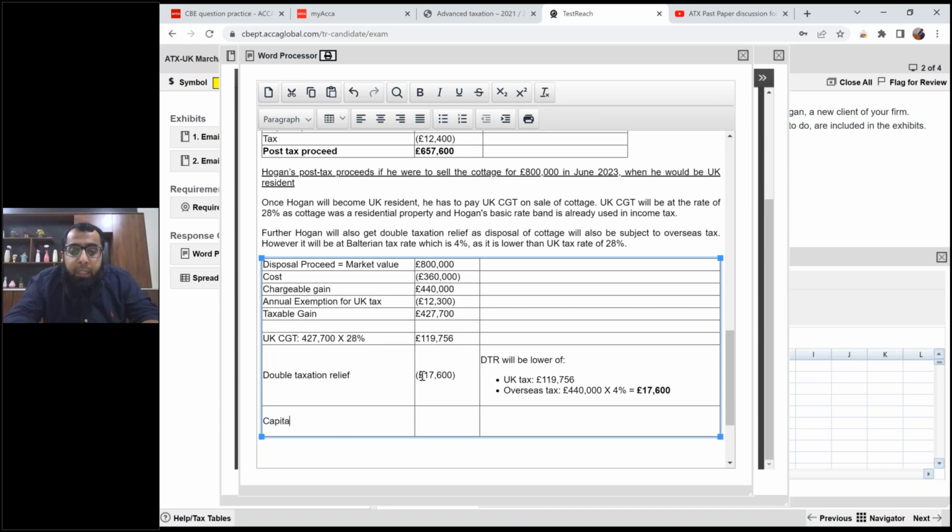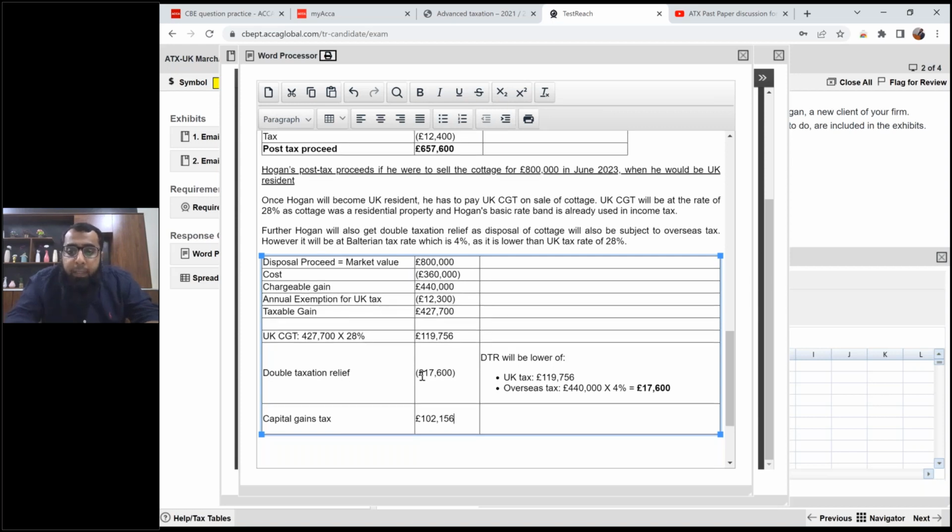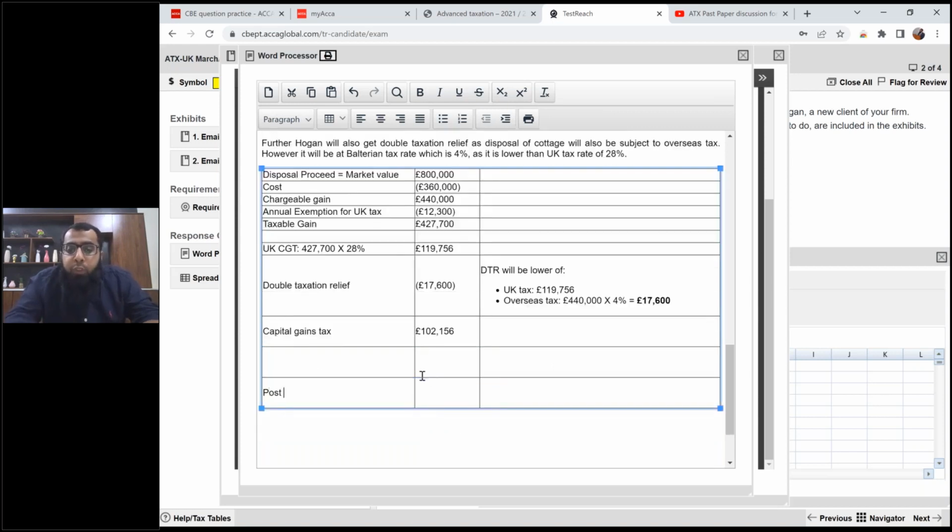So the capital gains tax amount will be, can anyone tell me? 119,756 minus 17,600. I will repeat the things again. So if you have any confusion, don't worry about it. 102,156.